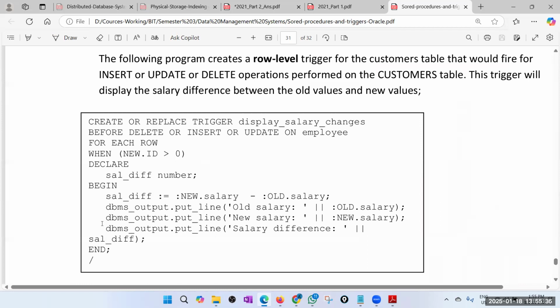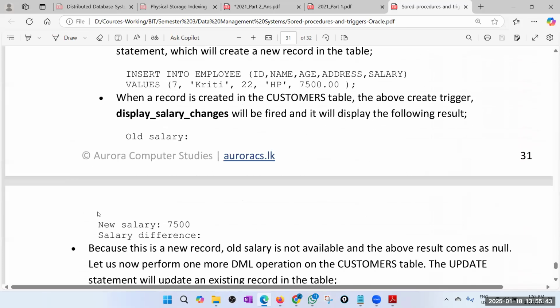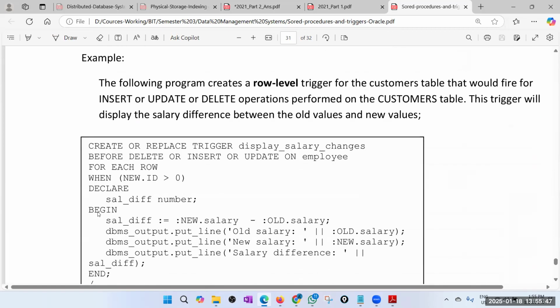Between begin and end you can have if conditions, while loops and so on. Use either the WHEN condition or write an if else here.